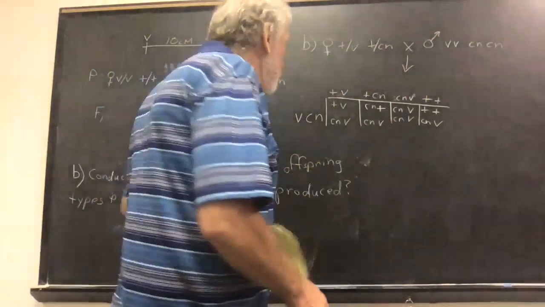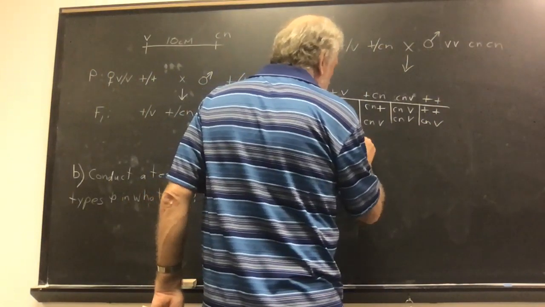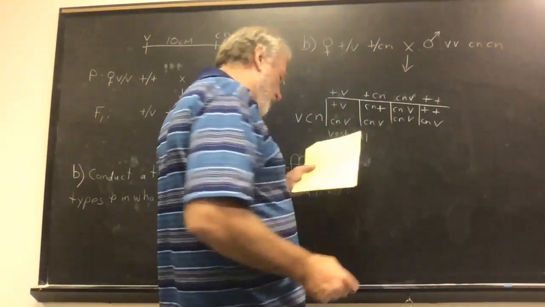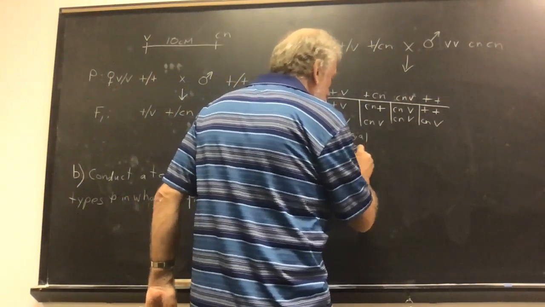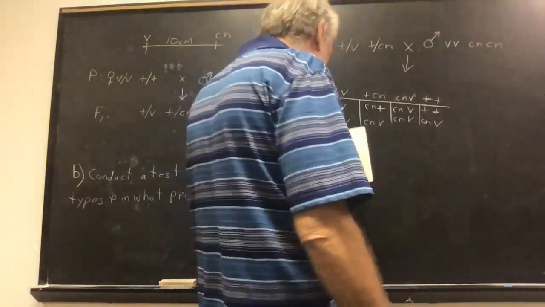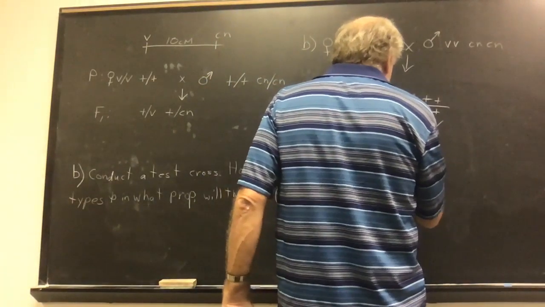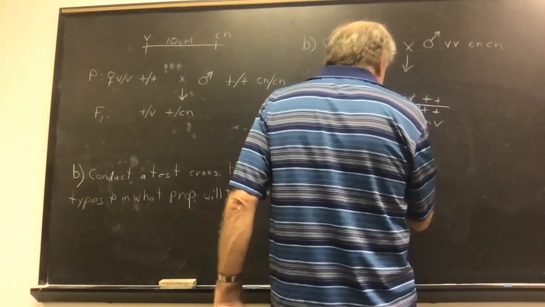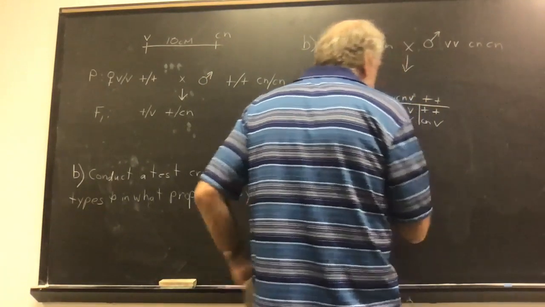And so these first, of course, are vestigial, and they are parentals, so that's 45% of them. Second are cinnabar. They're also at 45%.